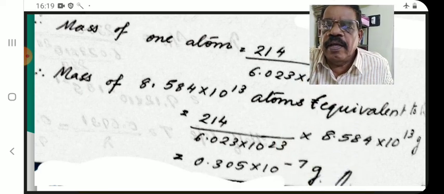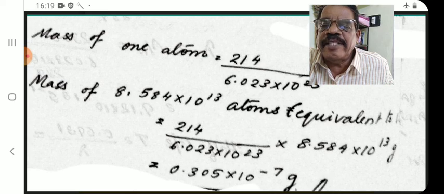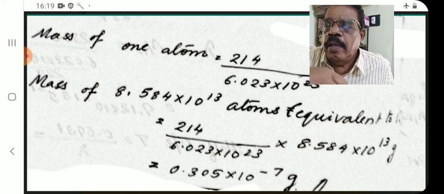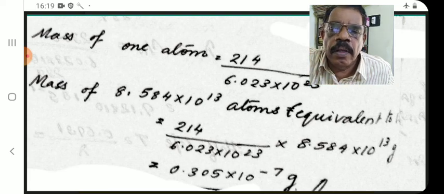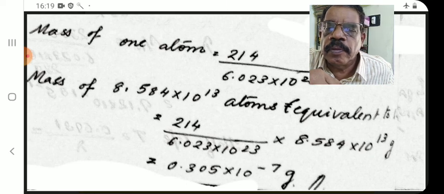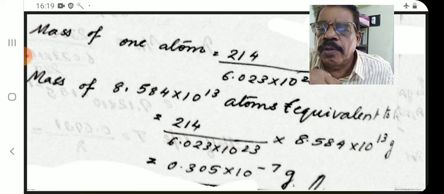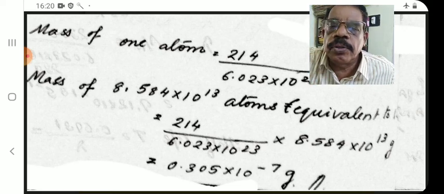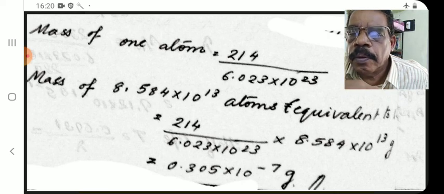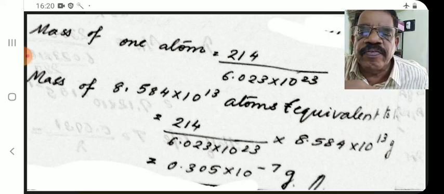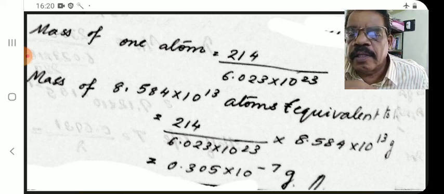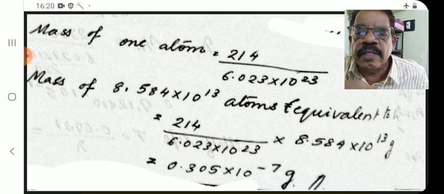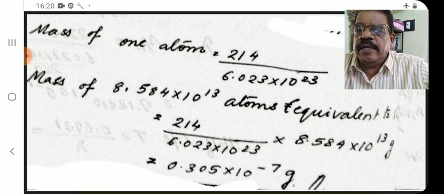Therefore, mass of 8.584 into 10 raised to 13 atoms, 10 raised to 13 is the number there, equivalent to 1 curie, is 214 by 6.023 into 10 raised to 23 into 8.584 into 10 raised to 13 gram, equal to 0.305 into 10 raised to minus 7 gram. Answer.